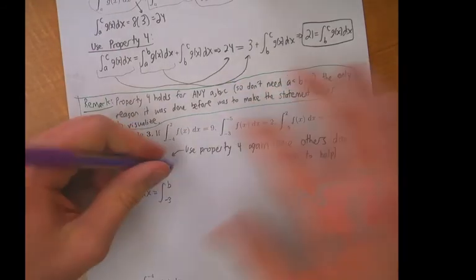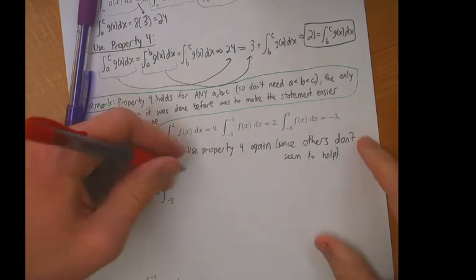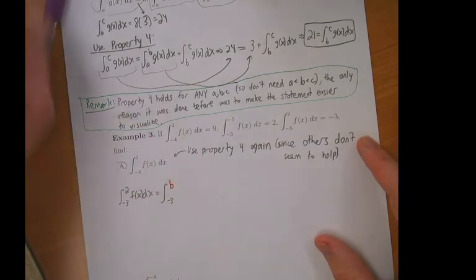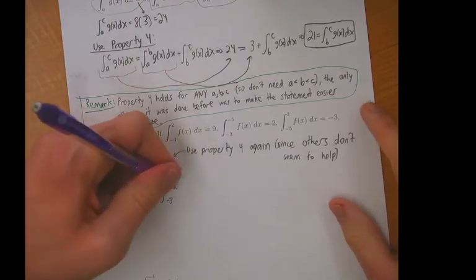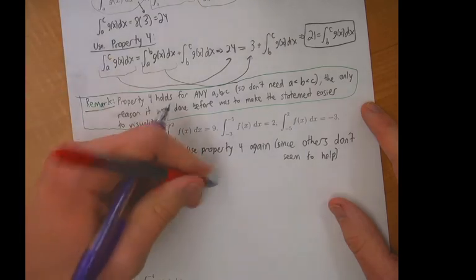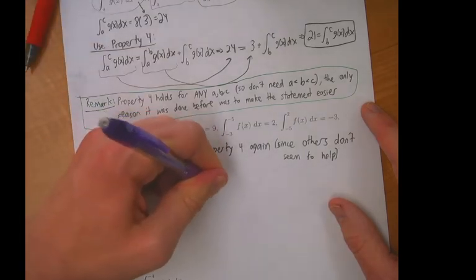So let me just put this in red. The integral from -3 to some value b of f of x dx plus the integral from b to 2 of f of x dx.